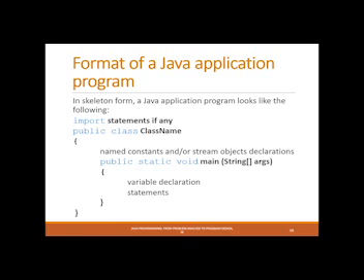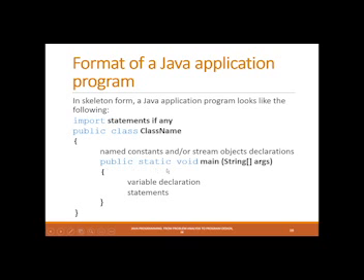Now let's go to the format of a Java application program. In skeleton form, a Java application program looks like the following. The first line is the import statement, if there's any. And then the public class name. And then of course, don't forget the open curly brace. Then the named constants, if there are any, or stream objects declarations.